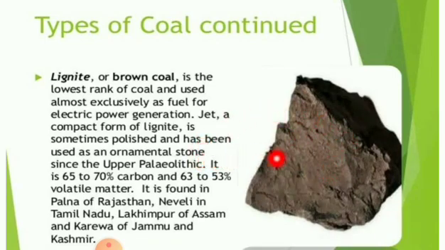To produce electricity. The other uses of lignite are generating synthetic natural gas and producing fertilizer products also. So the lignite is found in Palana of Rajasthan, Neyveli in Tamil Nadu, Lakhimpur of Assam and Karewa of Jammu and Kashmir. So lignite is found in these places.